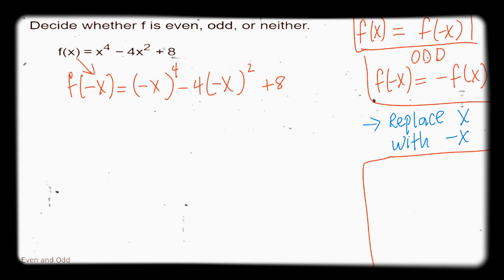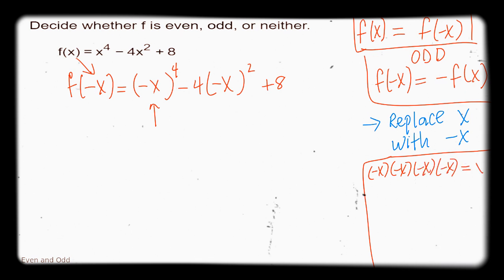Here, the first one, I have negative x raised to the fourth power. If I were to write negative x out 4 times, I'm going to get a positive x to the 4. So now that becomes positive x to the 4.